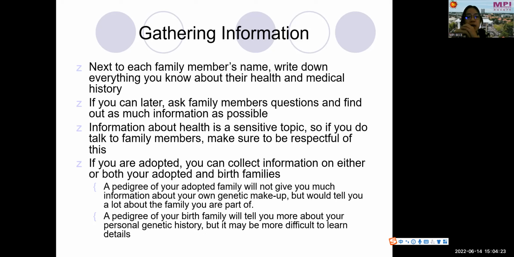So through this information, we can find out that our family has this type of genetic problem. So in taking care of our own health, we need to be more sensitive and take care of ourselves.